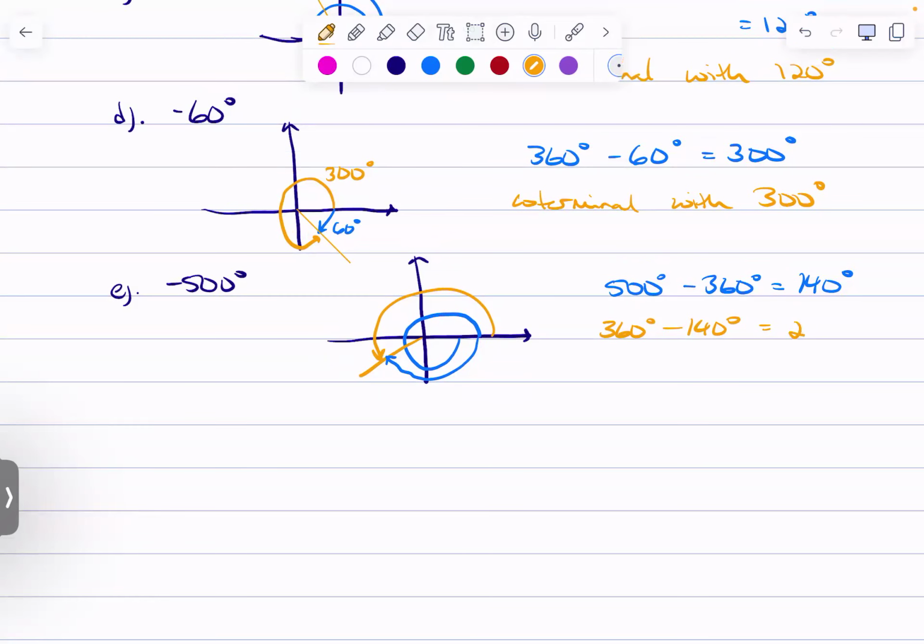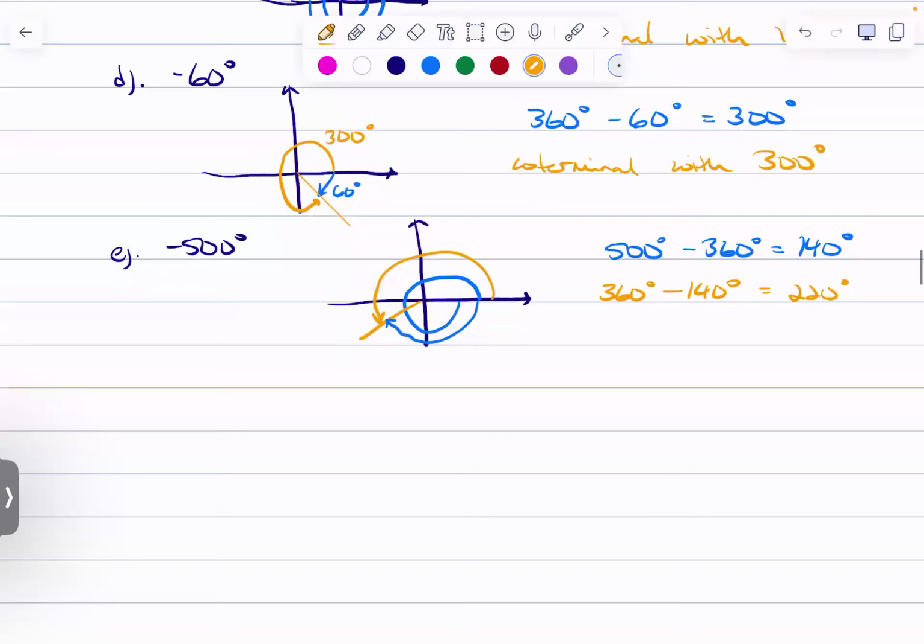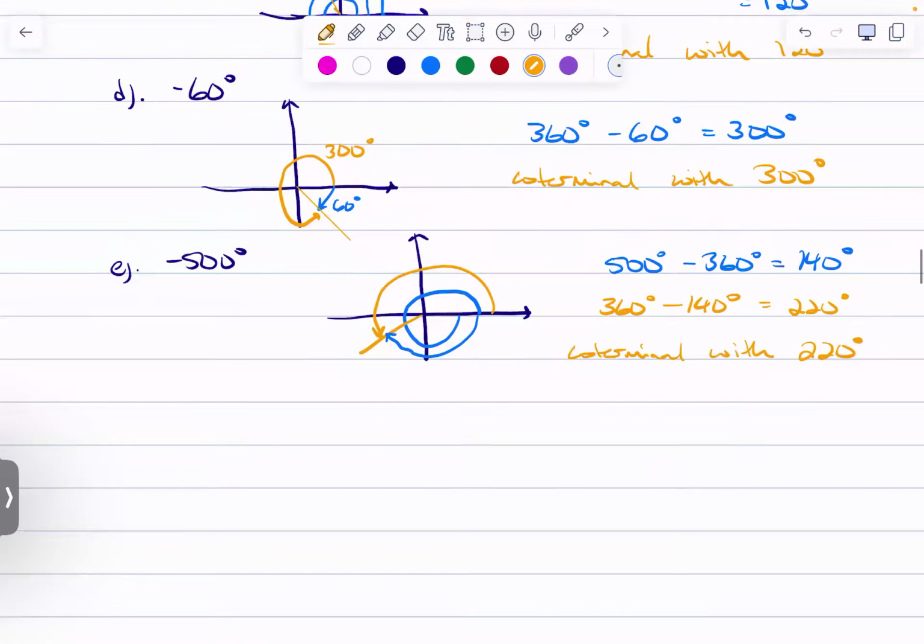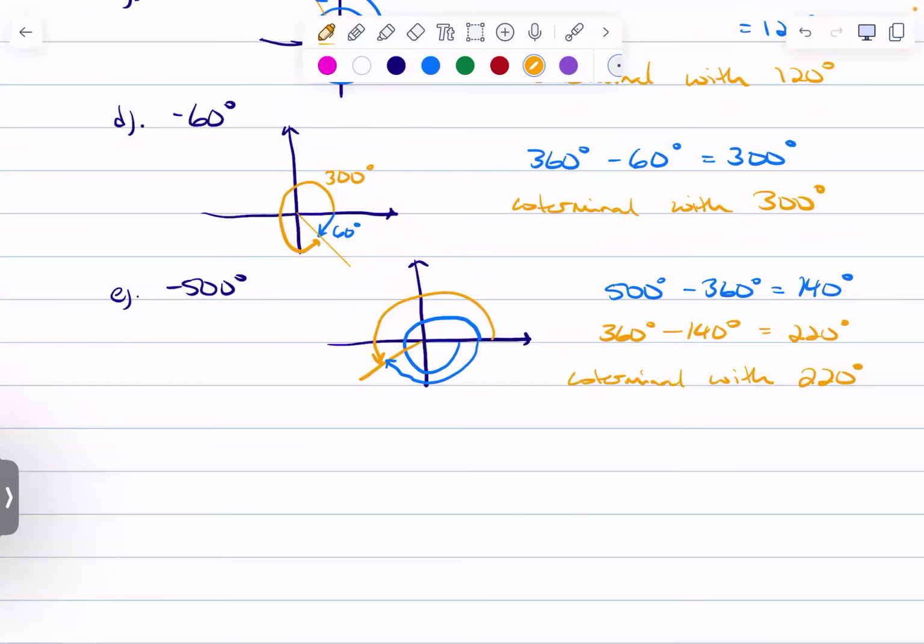Putting me at 220 degrees, which you can confirm, right, is past the 180 mark. Makes sense. So it's coterminal with 220 degrees. Questions about that?